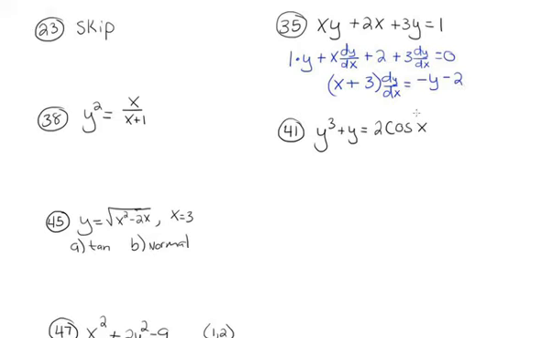So I'm left with x dy dx plus 3 dy dx, which I then factored out dy dx from, which gives me an answer of negative y minus 2 over x plus 3.